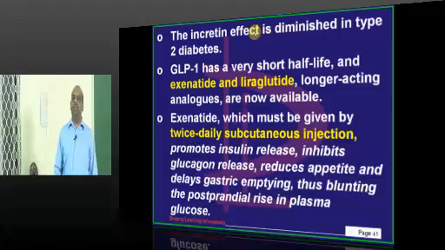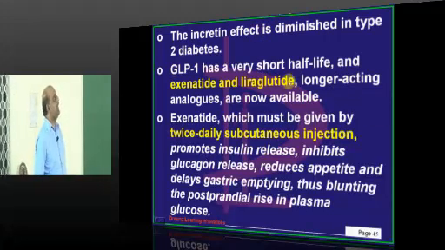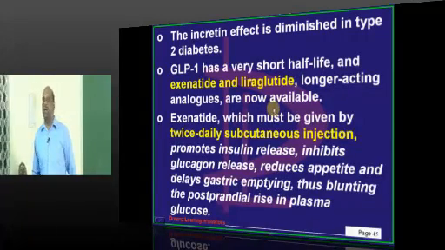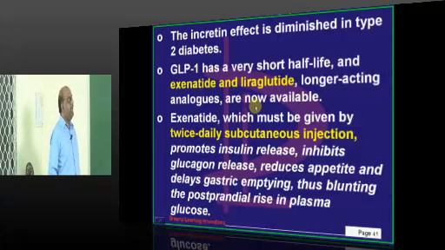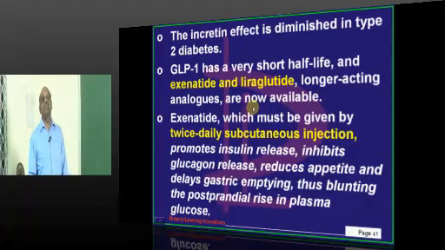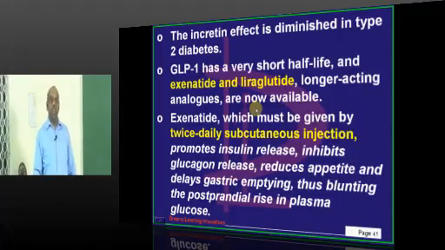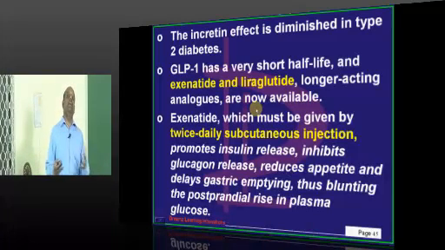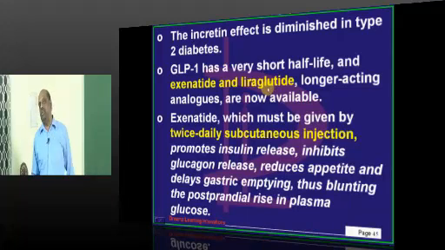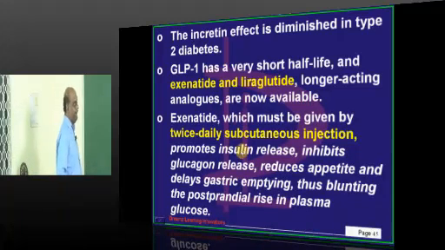So, this GLP-1 has a very short half-life. So, we want to create an analog to that called exenatide and liraglutide, which are the longer acting analogs of GLP-1, which typically will enhance that incretin effect, which is the missing factor in the case of type 2 diabetic individuals, is what needs to be remembered.